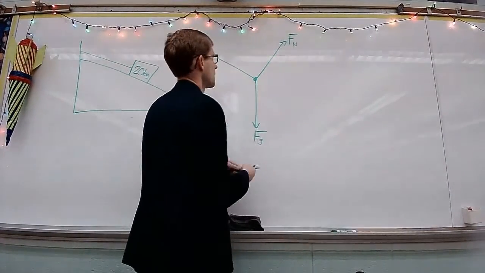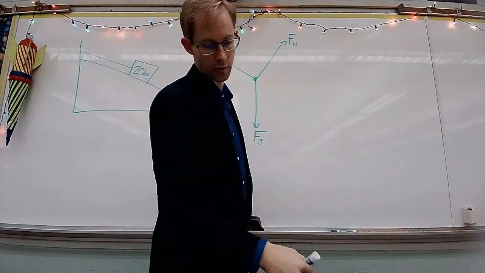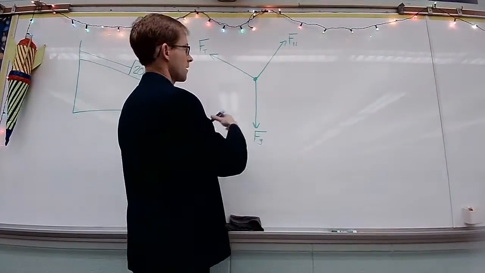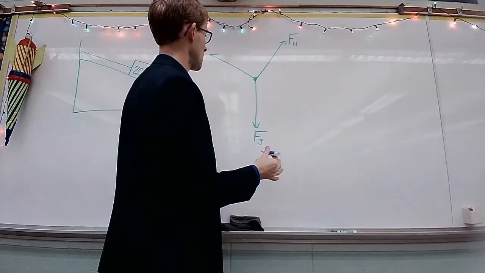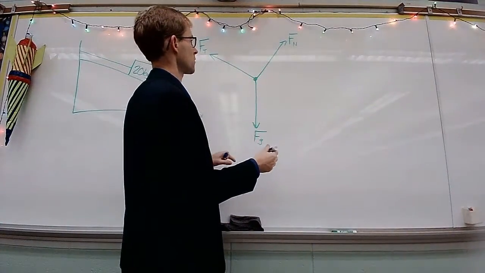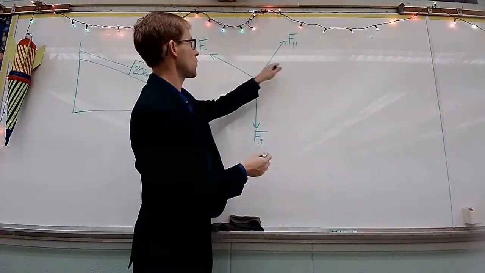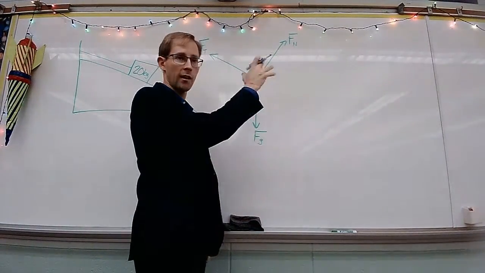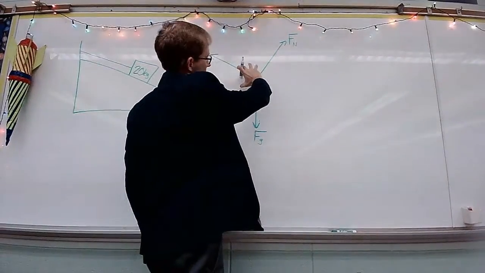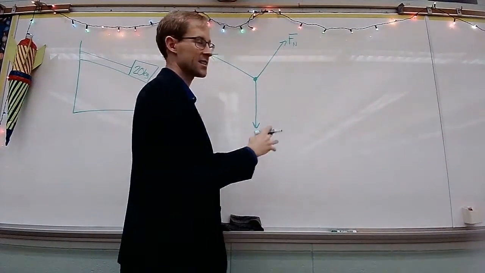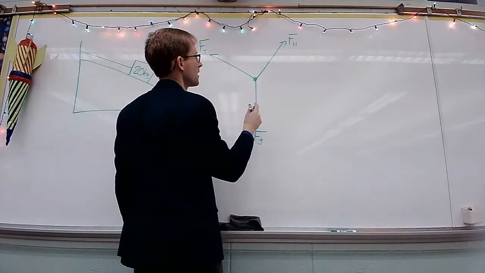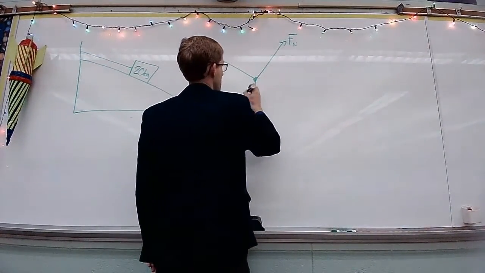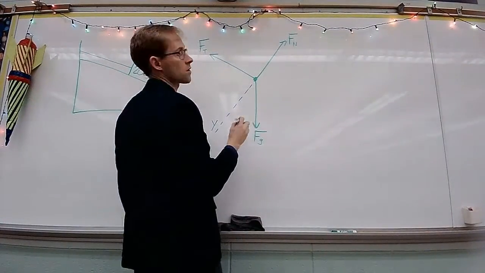So, ultimately we're looking for tension force here. And in order to go anywhere with this, we have to remember how we approach these problems. And what we have to do when we've got two forces that are not in line with the x and y axis is we take our x and y axis and we just rotate it slightly. And in this case, we'll be rotating it a little bit clockwise. So my y-axis is going to match up with the normal force.